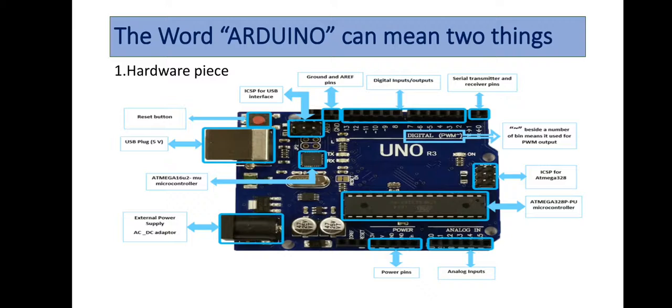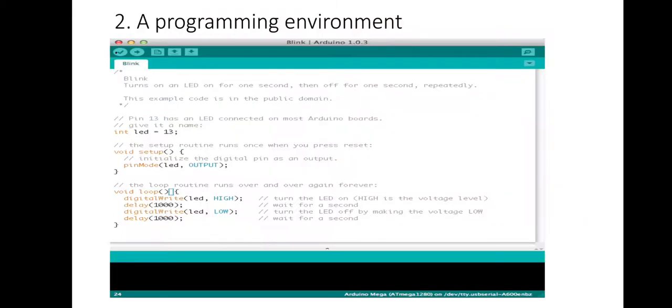So Arduino is not a single thing, it consists of two parts. One part is the hardware part that you are watching on screen. So this part is the hardware part. And the second part is the programming environment where you will actually write the code.